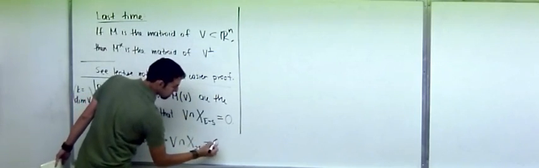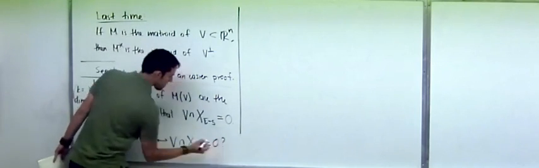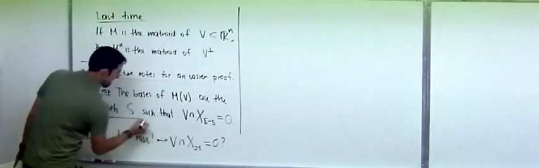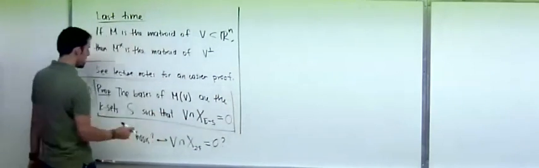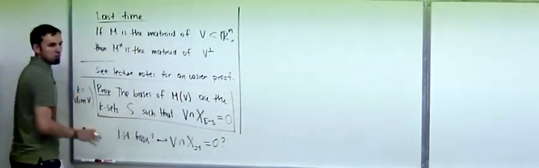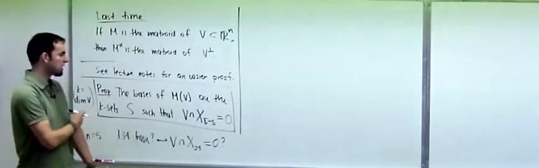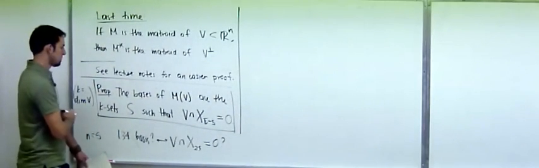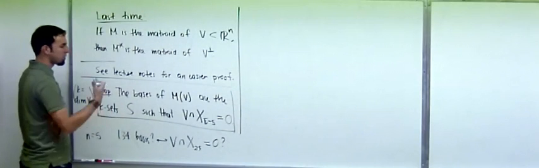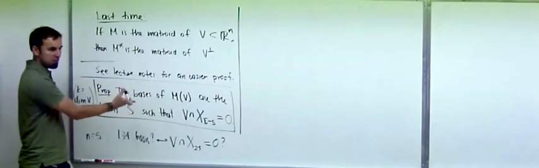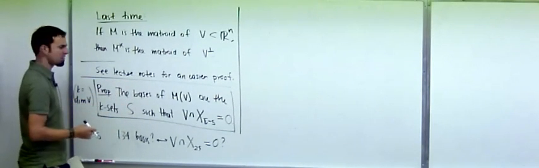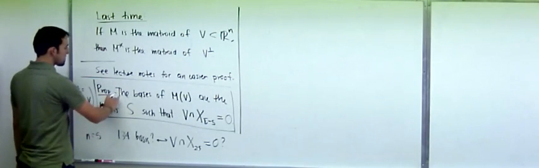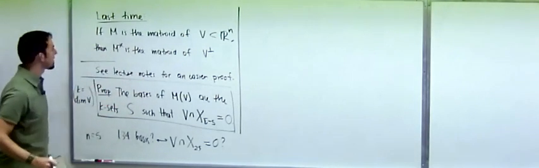Okay. So this is an easier description of the bases of this matroid M of V. And whenever you need to look up what the bases are, then this is what you should probably use, not what I said last time. And using this description, you get an easier proof of duality.